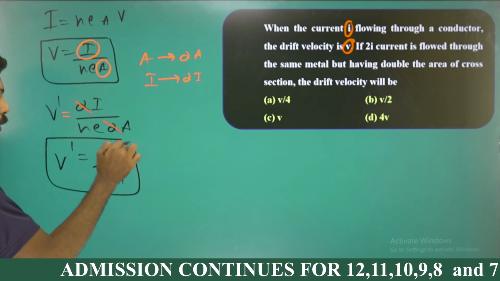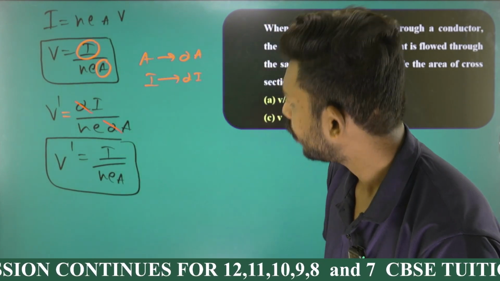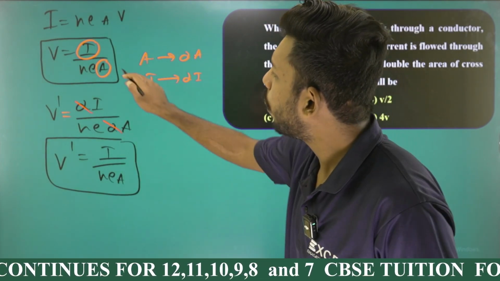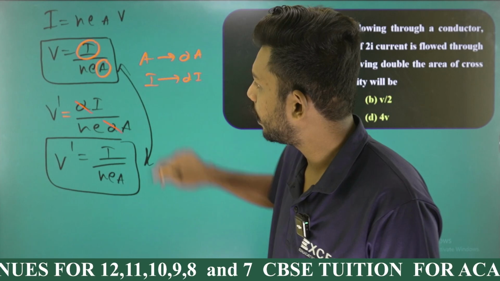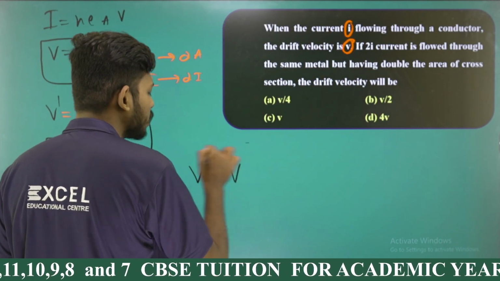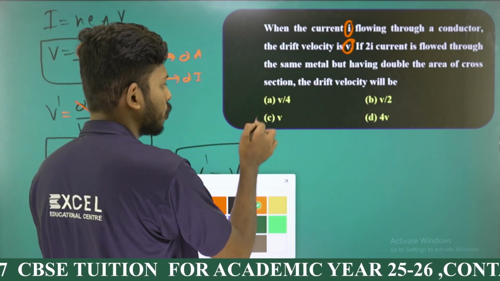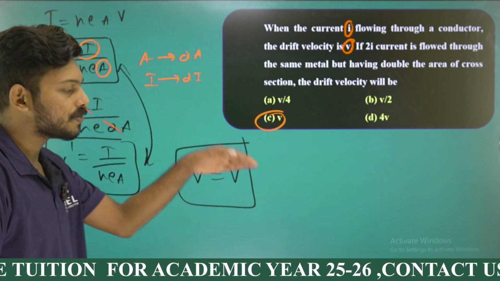Just observe closely. You understand that both of these values are exactly the same. The new drift velocity and the old drift velocity are exactly the same. So which one is the correct option? The correct option is C.